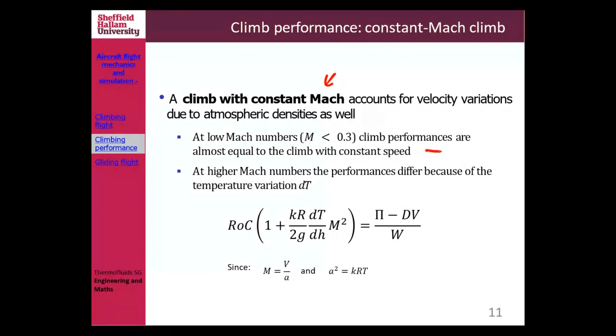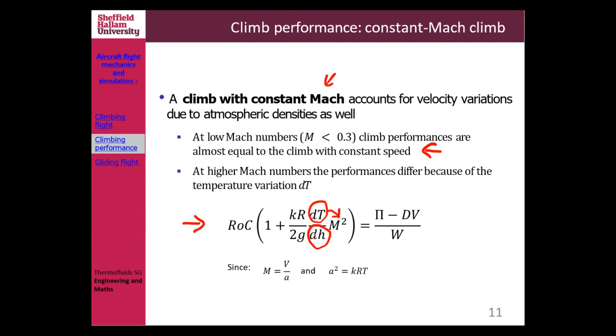So we can assume that we could do the climb with a constant speed if the Mach number is below 0.3, but once you fly with a Mach number greater than 0.3, then you have to consider that the rate of climb will be affected by the variation of the temperature, because Mach number is a function of temperature. Then the change of temperature due to the change of altitude will have to be taken into account.